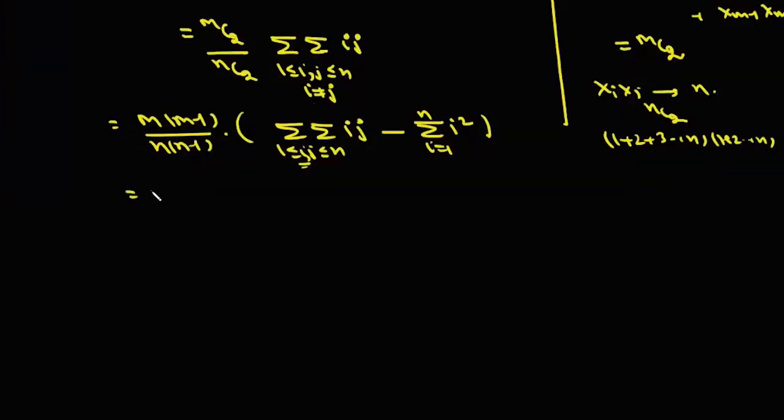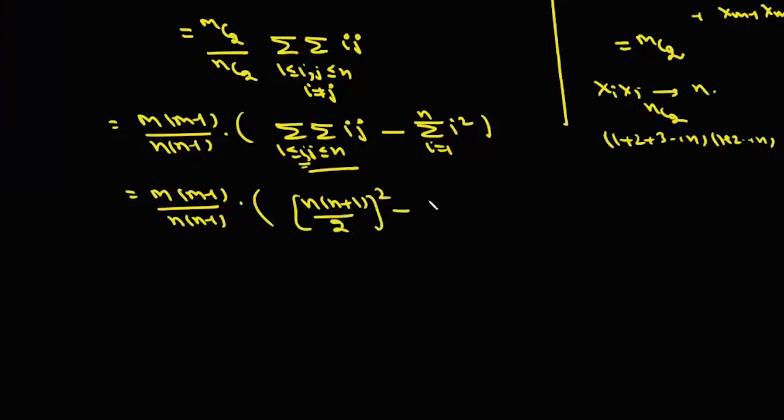We can simply write this as n minus 1 upon n minus 1 into this expression, which is (n plus 1 by 2) whole square minus this value, which is n plus 1 into 2n plus 1 divided by 6. So here we can take n plus 1 by 2 common.